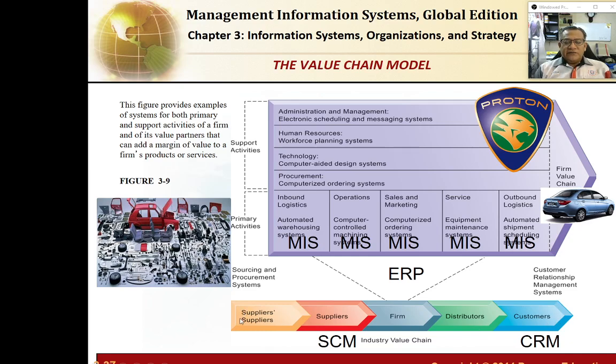So this is the value chain, which is from tier 2 suppliers up to customer, right? This makes up a value chain model, right?